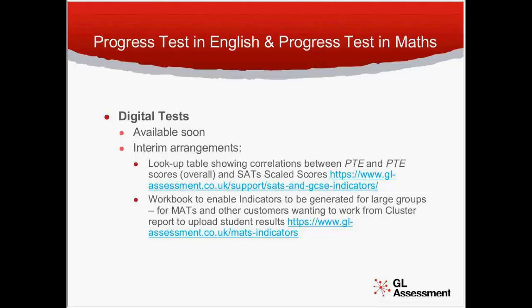And also there's a workbook that, if you are working with the CSV report, or if you're a cluster and have got a cluster report, you can cut and paste and generate these indicators. This is being recorded, and we can certainly send those links out to people who want to have a look at it. It just gives you something as an interim arrangement.